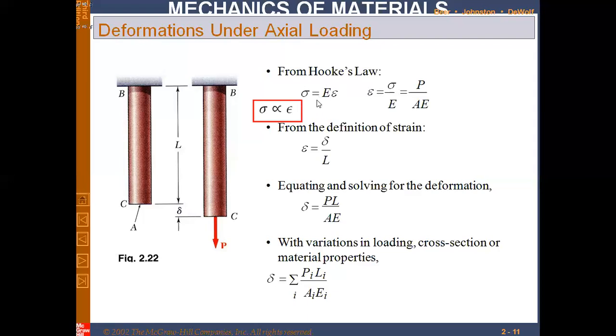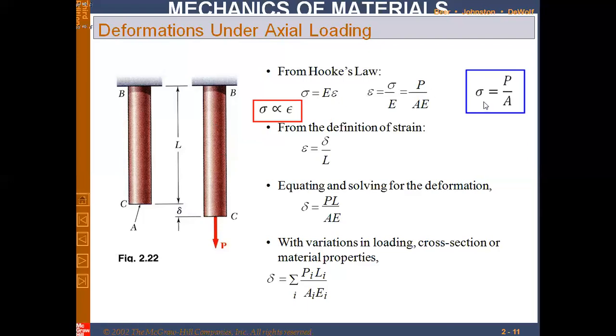In this case, the constant of proportionality is E, which is the Young's modulus, or modulus of elasticity, and it represents the stiffness of the material. So by Hooke's law, we could write down that the normal stress sigma is equal to E epsilon, where epsilon is the strain.